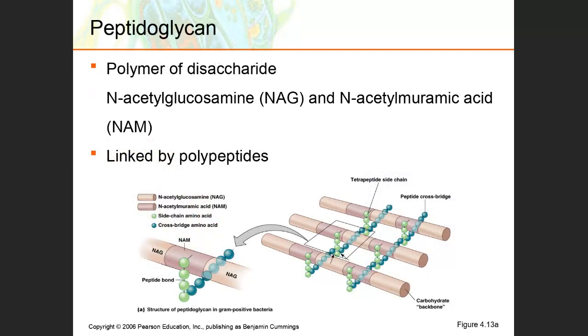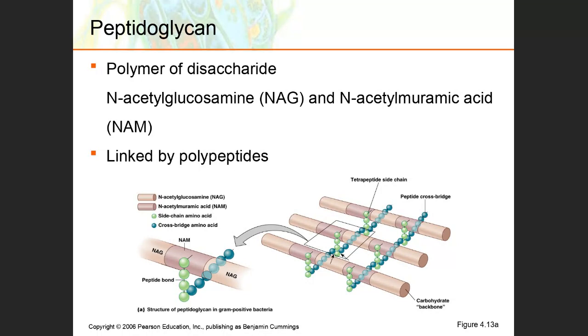So what is peptidoglycan? Well, the name should give you a clue. Peptido as in peptides, and glycan as in sugar. So peptidoglycan is made of polypeptides and disaccharides. The two sugars are N-acetylglucosamine and N-acetylmuramic acid, which you do not need to memorize, but they are linked together by these polypeptides.